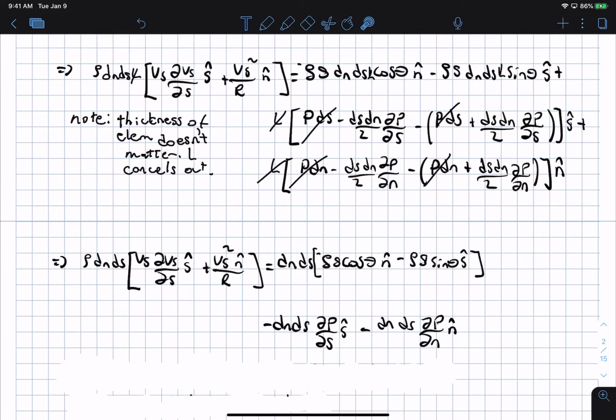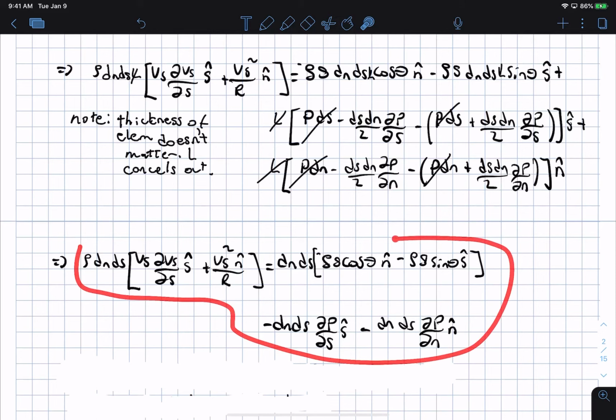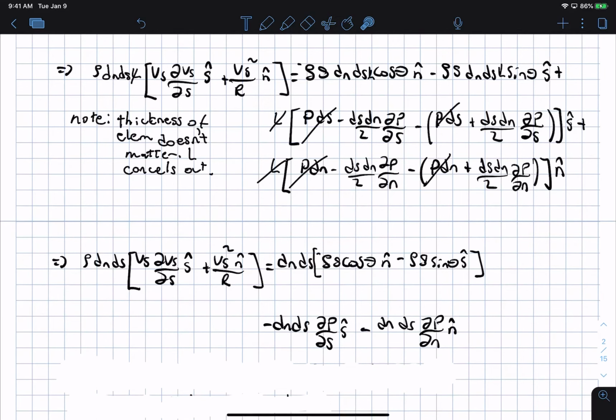And so basically this is the reduced equation here. But notice that every term is multiplied by the cross-sectional area of the fluid element, and so those also cancel out. And so what we are left with after I remove everything is a vector equation.